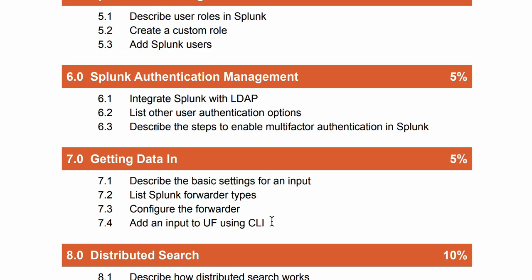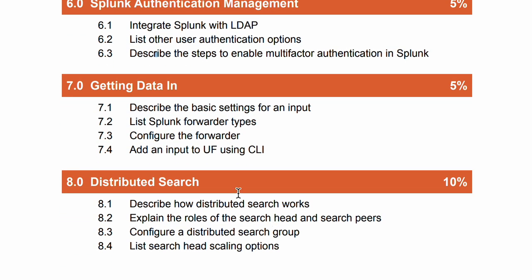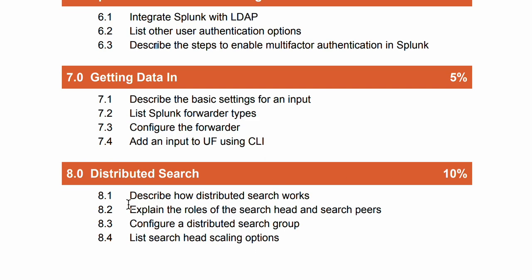Again, distributed search has a weightage of 10%. It includes describing how distributed search works, explaining the role of search head and search peers, configuring a distributed search group, and listing search head scaling options.